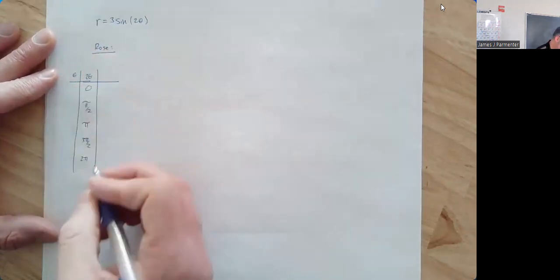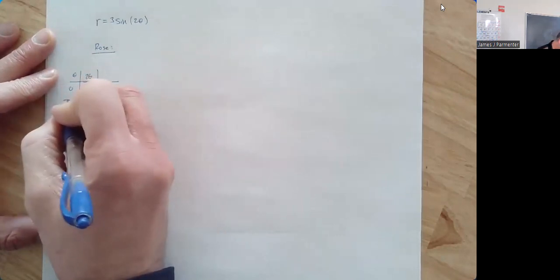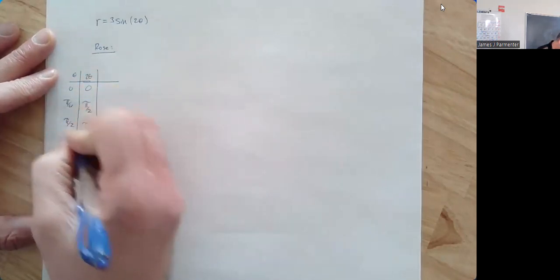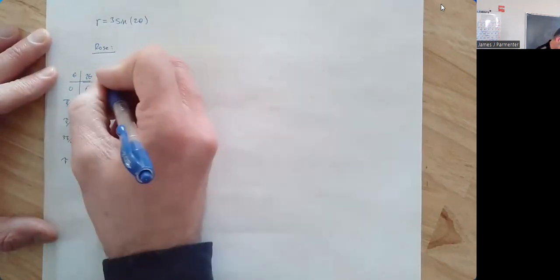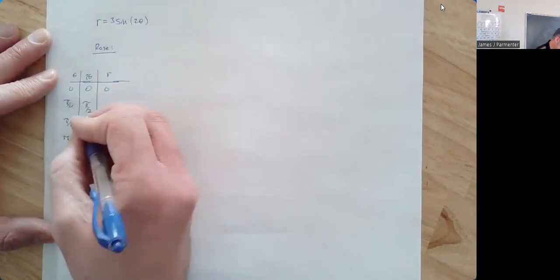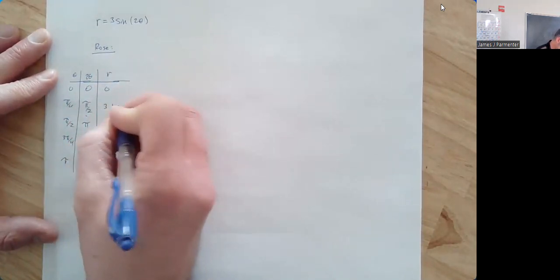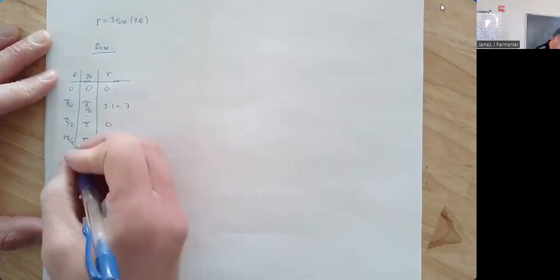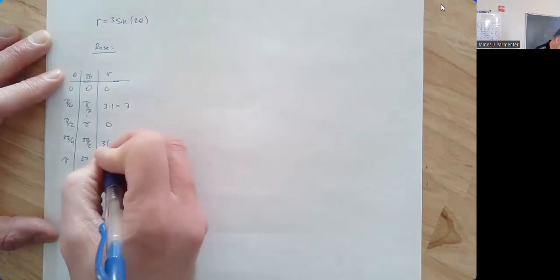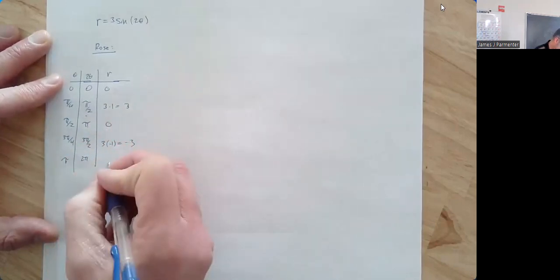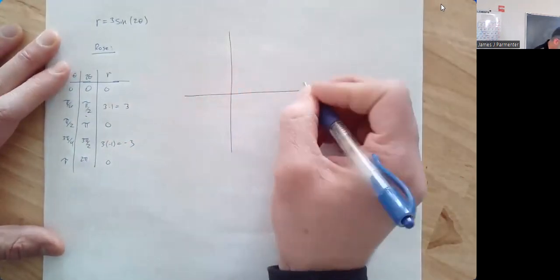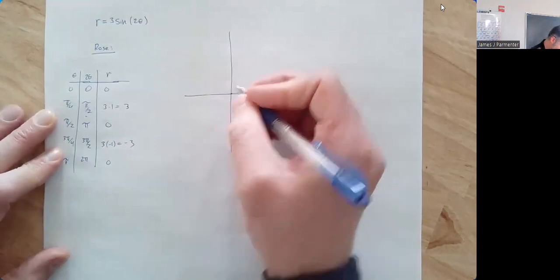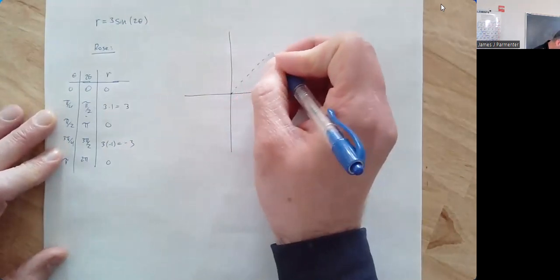The angles I'm actually going to think about are 0, pi over 4, pi over 2, 3 pi over 4, pi. Sine of 0 is 0. Sine of pi over 2 is 1, so I get 3. Sine of pi is 0. Sine of 3 pi over 2 is -1, so I get -3. Sine of 2 pi is 0. So I start graphing this thing. At the beginning I get 0, and then at angle pi over 4, I get 3.